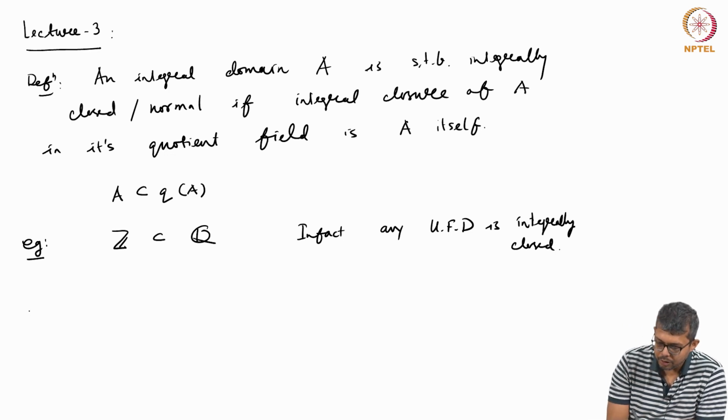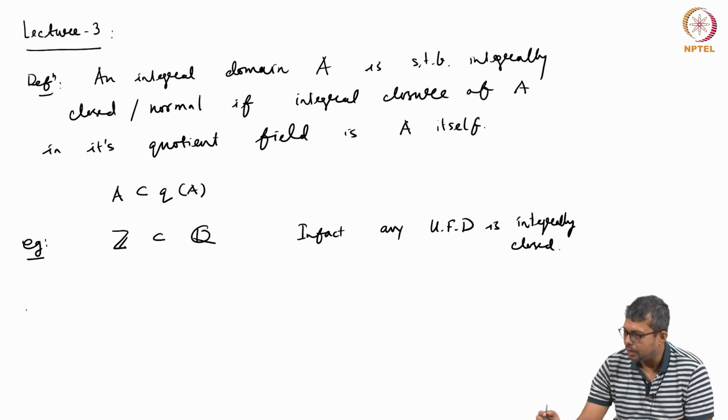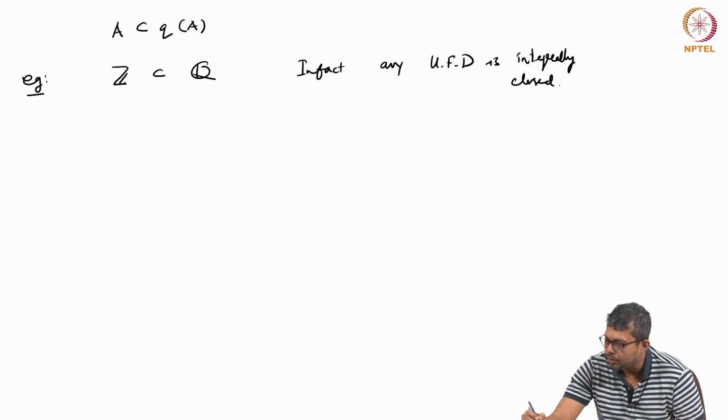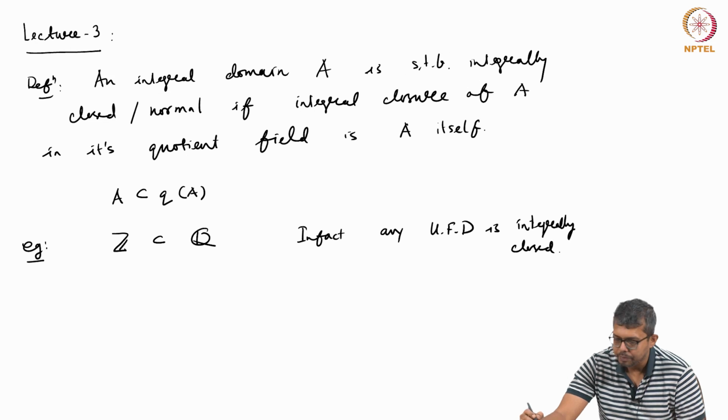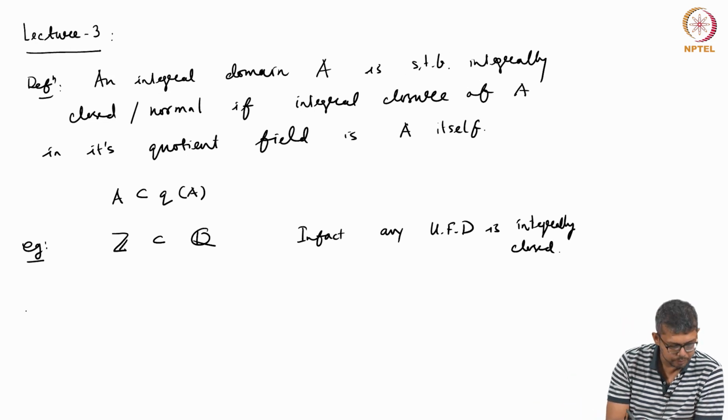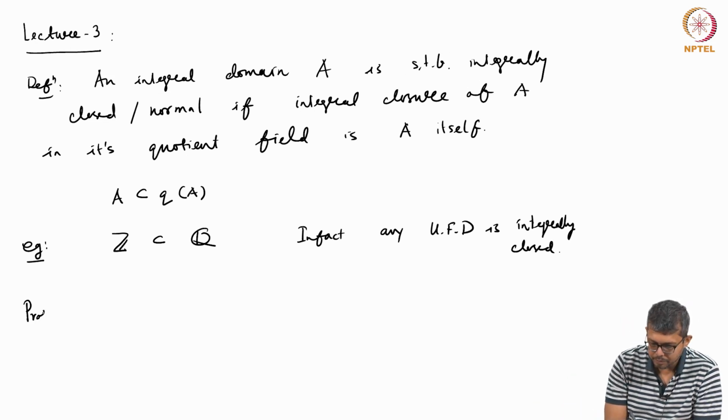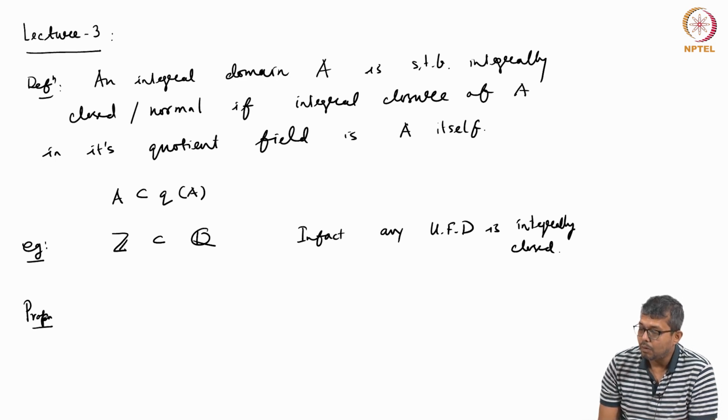So, now the following proposition says that integral closedness is a local property. Yeah, if you see the proof of Z being integrally closed, the same proof will work for this.